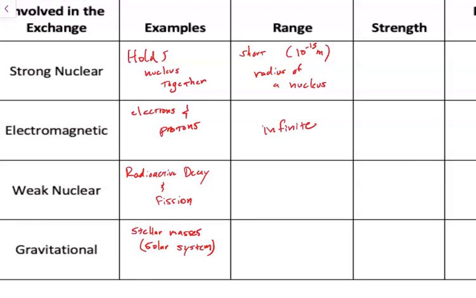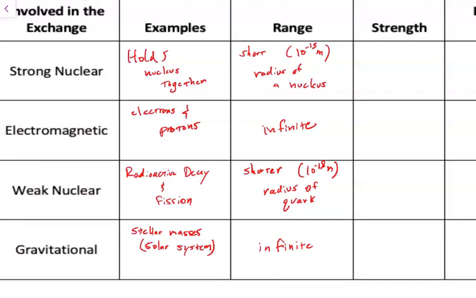Weak nuclear is even shorter, about 10 to the negative 18th meters, which is within the approximate radius of a quark. And gravitational, between masses throughout the universe, so that's also infinite.